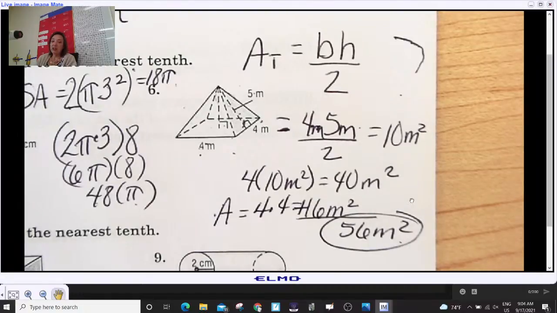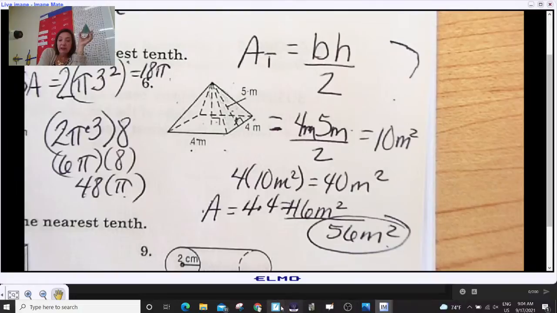Everybody a second to catch up, and then I'm going to have you write down some formulas. Okay, cone formulas are crazy. All right? And I'm just going to give them to you. We're not going to try to find them. We're not going to try to figure them out. They're nuts.